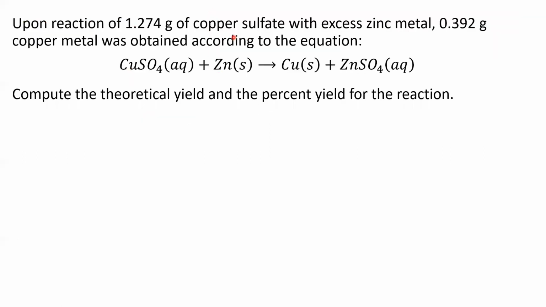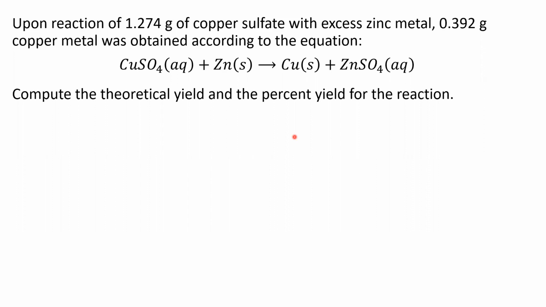So the first thing we're going to do is just a stoichiometry problem. Here's our reaction. If we have 1.274 grams of copper sulfate, figure out how many grams of copper we should produce. What's the theoretical yield?